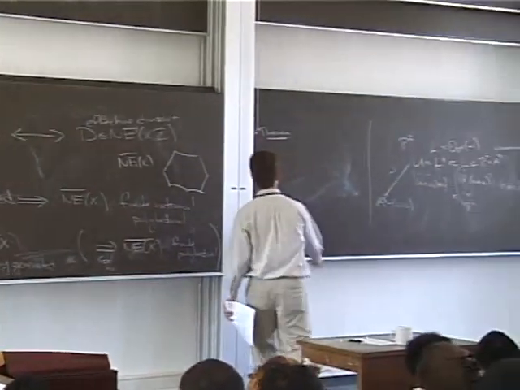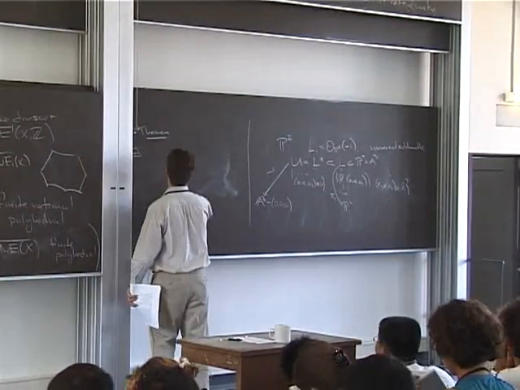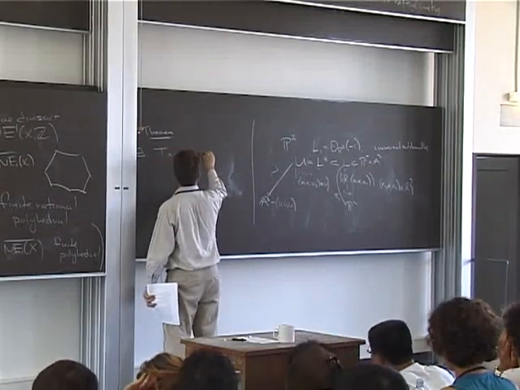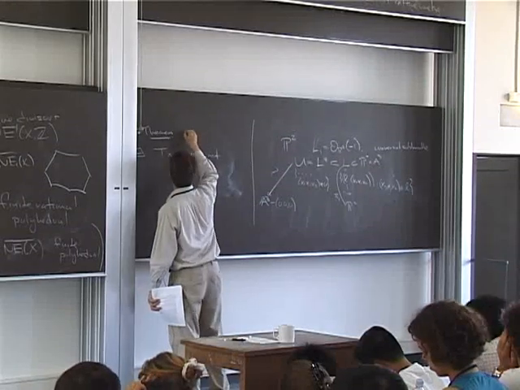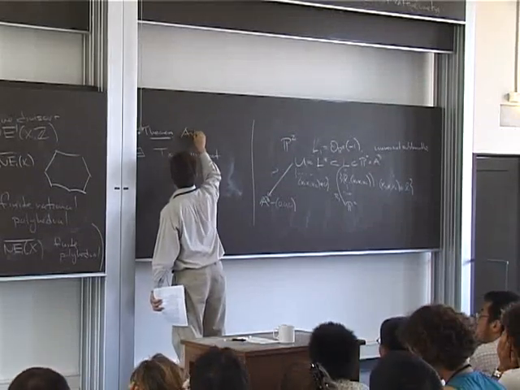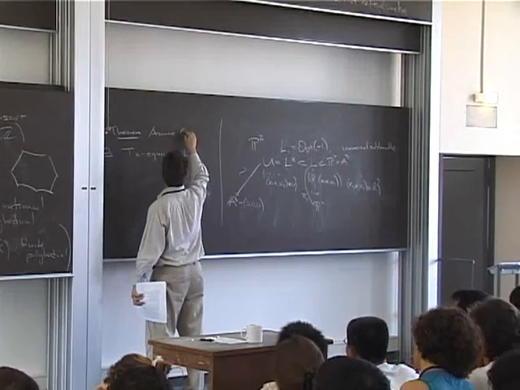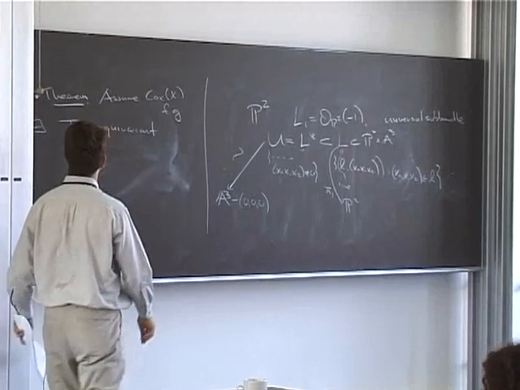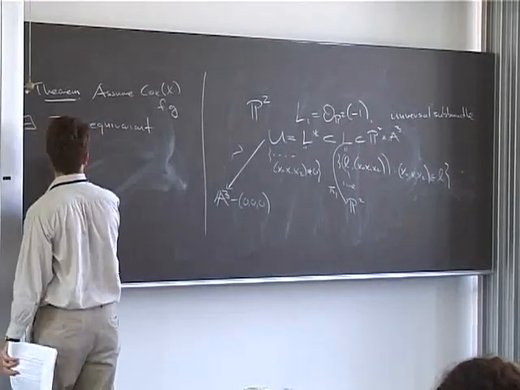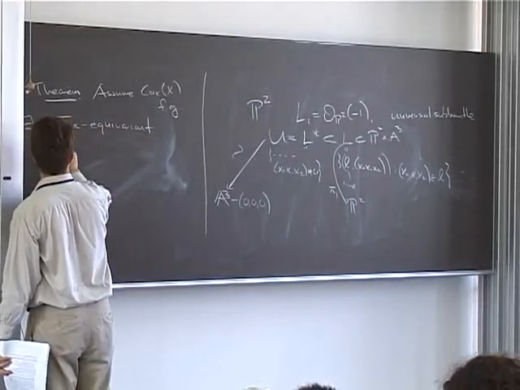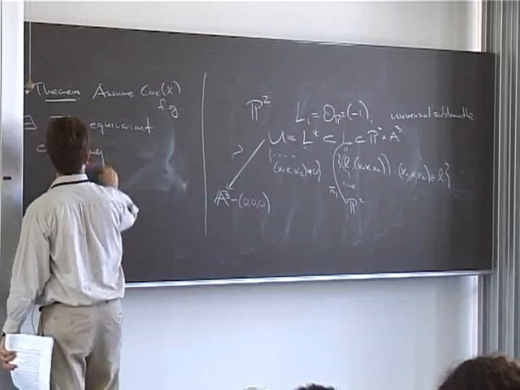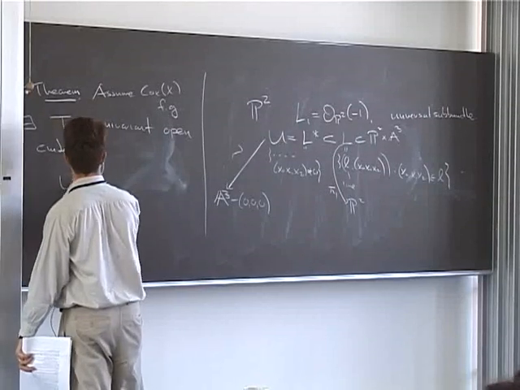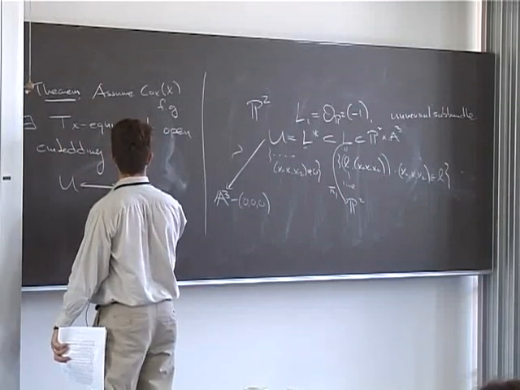It is that there exists a T_X-equivariant, let's assume that the Cox ring is finitely generated, then there exists a T_X-equivariant open embedding of U into the affine variety built on the Cox ring.